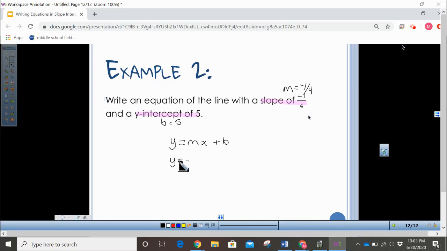So y equals -1/4 x plus 5. And that is going to be my answer. So those were two examples of writing equations when given a slope and a y-intercept.